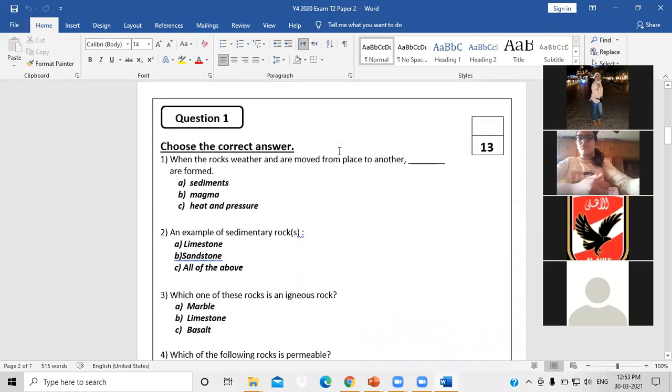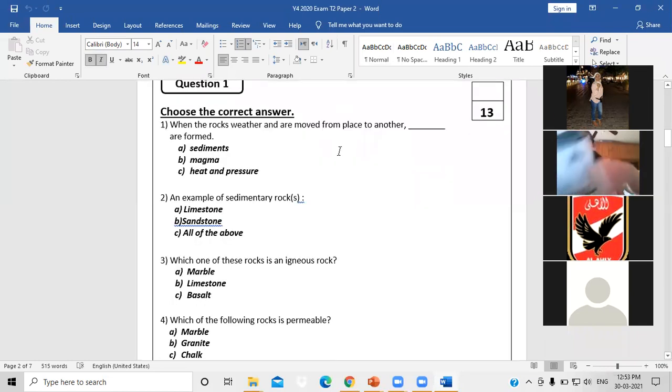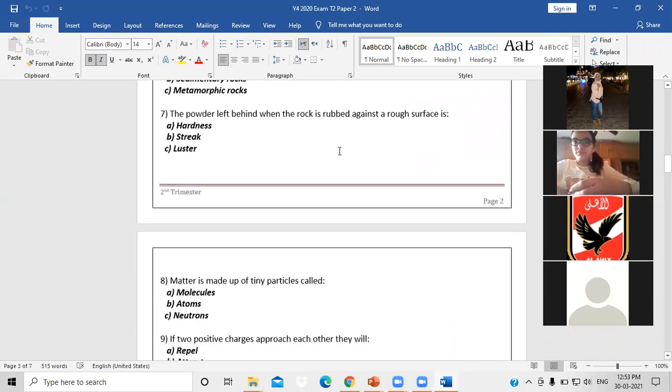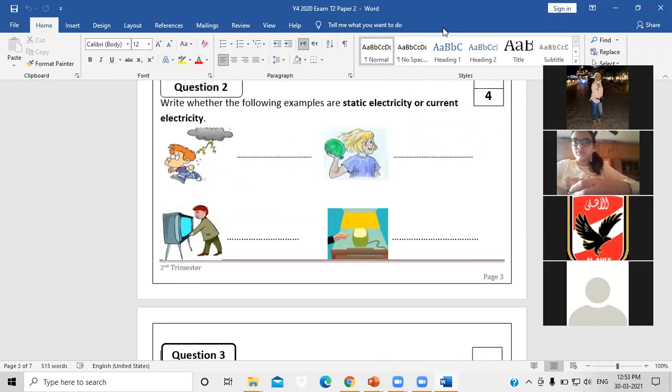So here in question 2, where did we stop yesterday? Do you remember? Yes, we stopped at question 2. We finished question 1, the whole question? Yes. Okay. So we were right here, right? Okay, guys, what do you think? Lena?